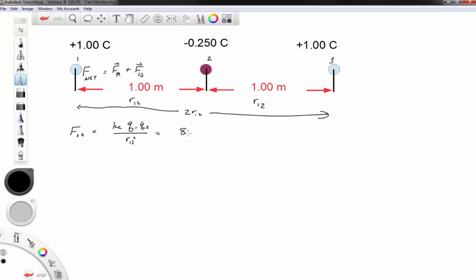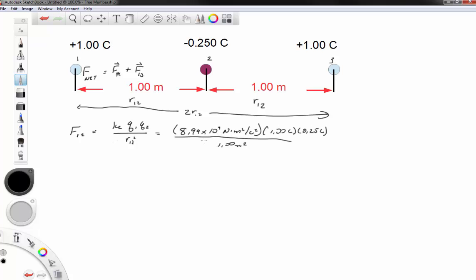Okay, so this is 8.99 times 10 to the 9th newton meters squared per Coulomb squared times 1.00 Coulomb times 0.25 Coulombs divided by a meter squared.